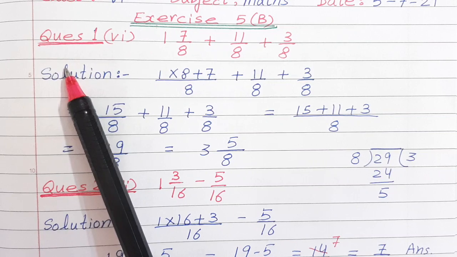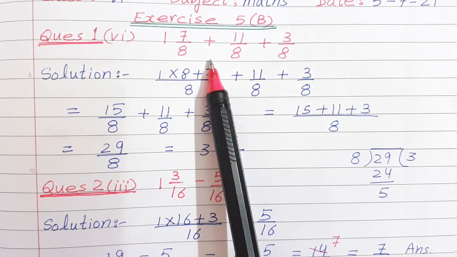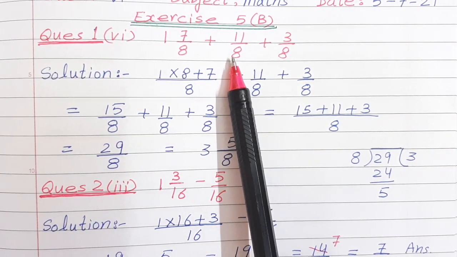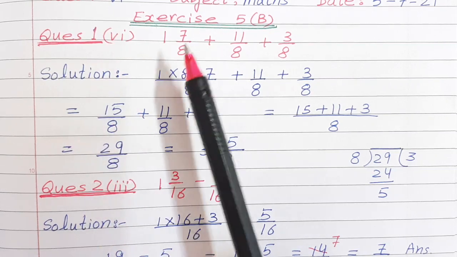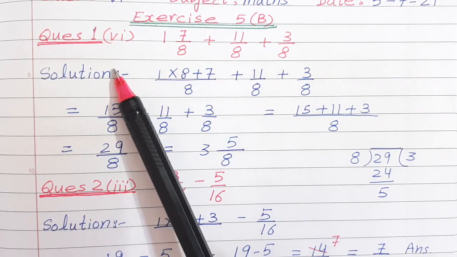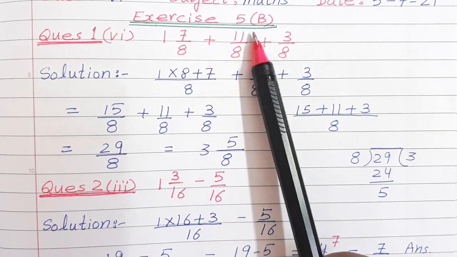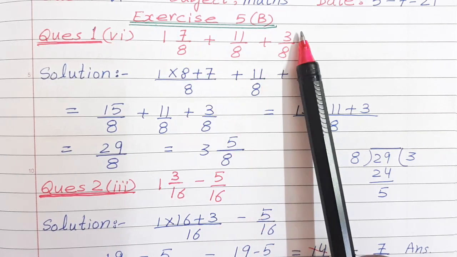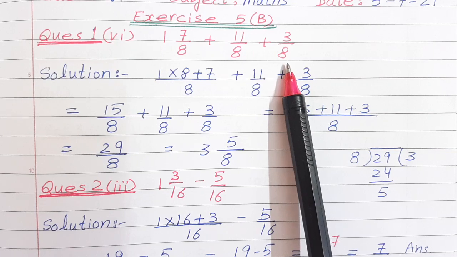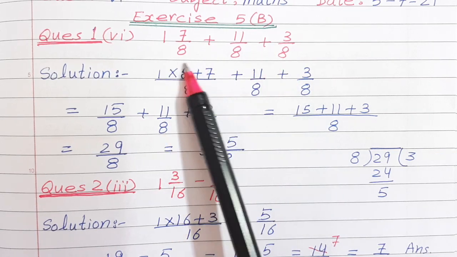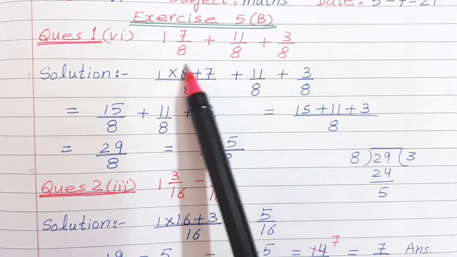Now children, let us see how to add the fractions. So questions from exercise 5B. Question number 1 is 7 upon 8 plus 11 upon 8 plus 3 upon 8. Children, you can see that all the denominators are same.